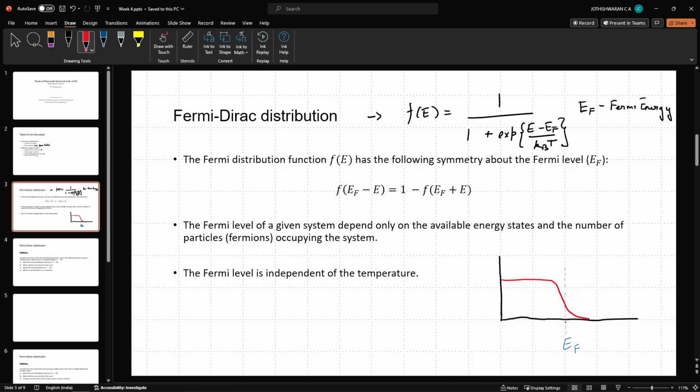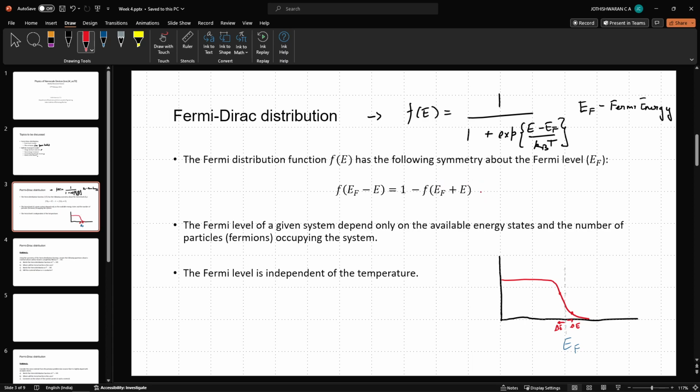Now the point is, about EF, if I go to some energy value delta E in the positive direction, the value of f of E will be 1 minus the value of the function if I move the same delta E in the negative direction about EF. So this is the symmetry property of the Fermi distribution function.